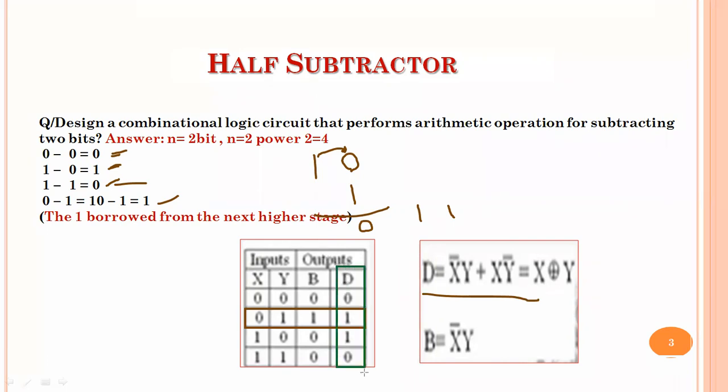See the results of this D, it will be 0, 1, 1, 0. So which gate will give us the result 0, 1, 1, 0?